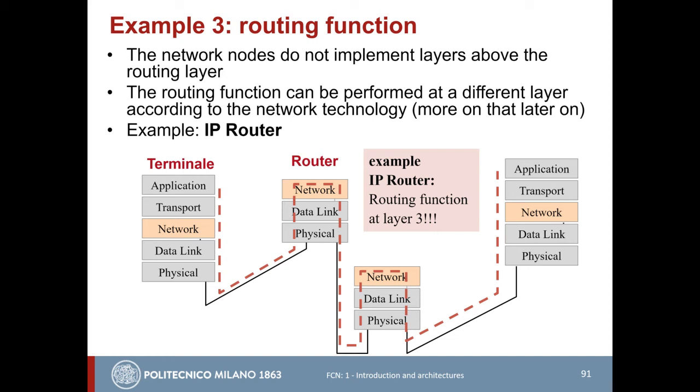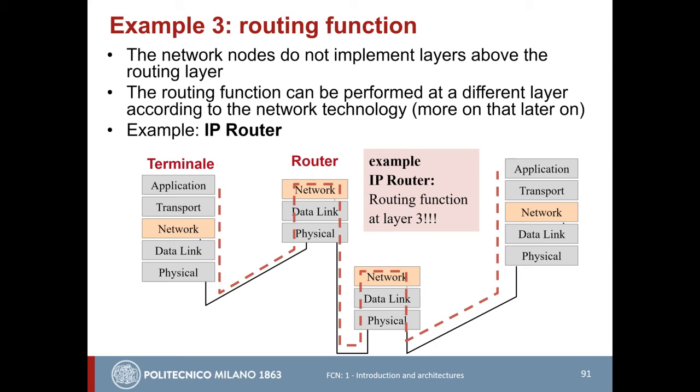So what happens is that in the sending host, the information is encapsulated and released on the network. When it arrives at the first intermediate node, that is the router, the router implements only the physical layer and the network layer.